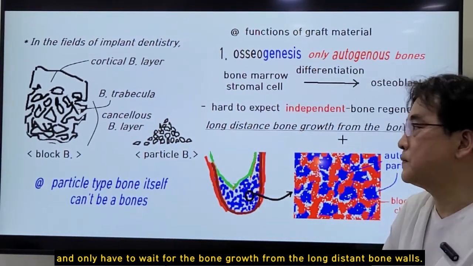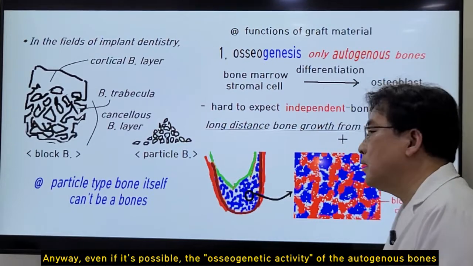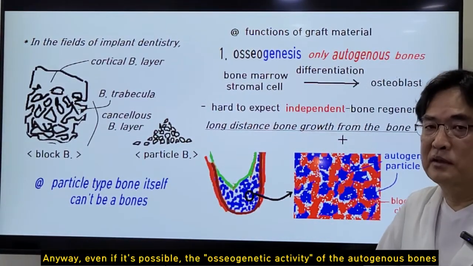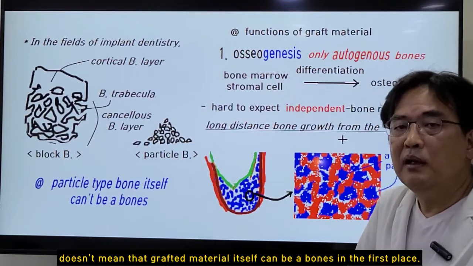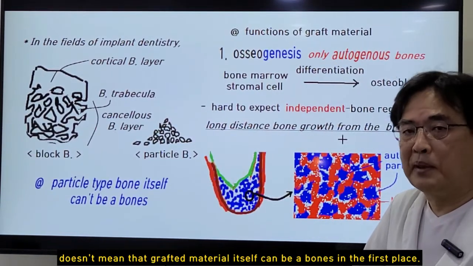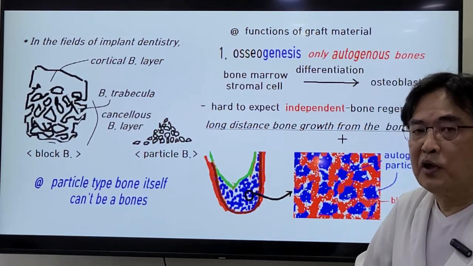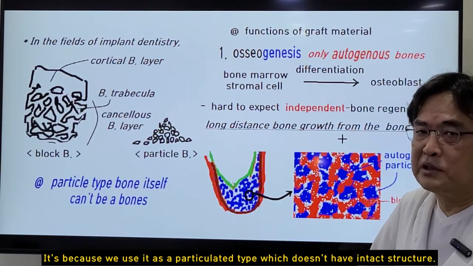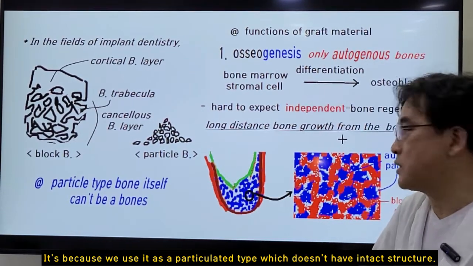long-distance bone walls. Anyway, even if the osteogenetic activity of autogenous bone is possible, it doesn't mean the grafted material itself can be bone in the first place, because we usually use it as particles which don't have an intact structure.